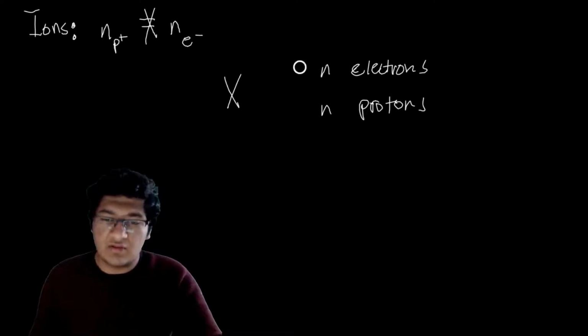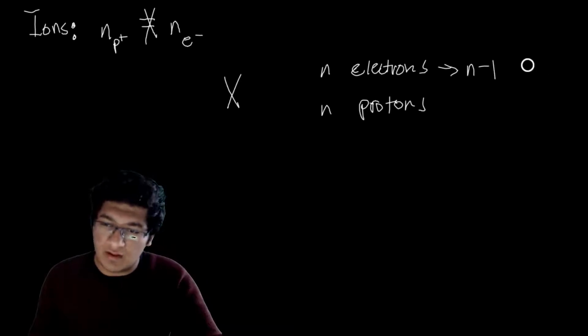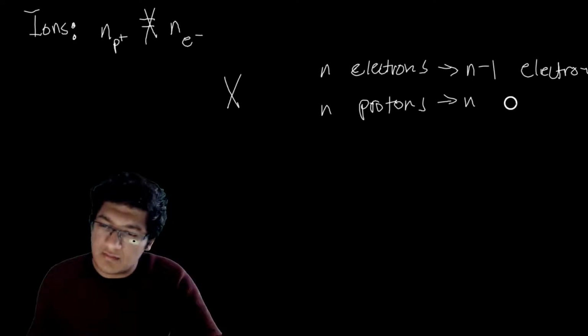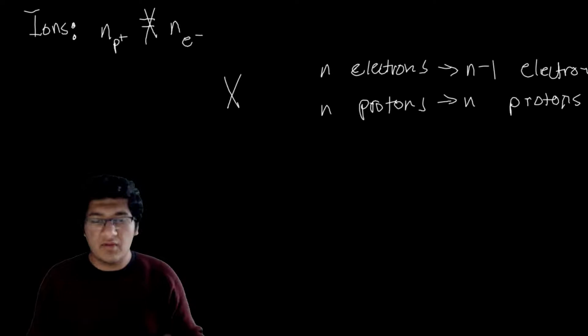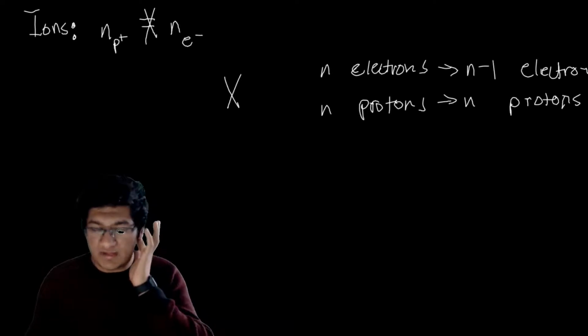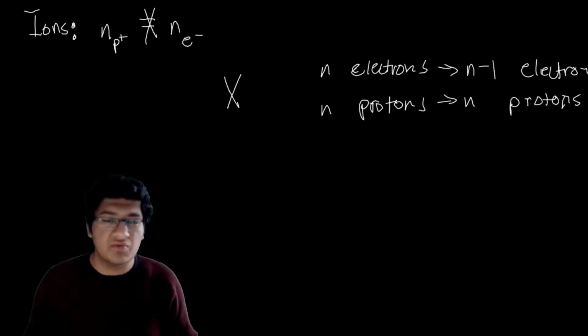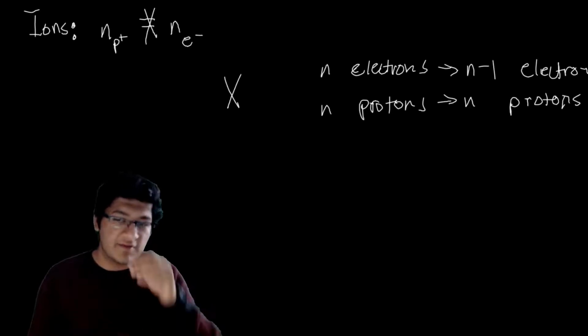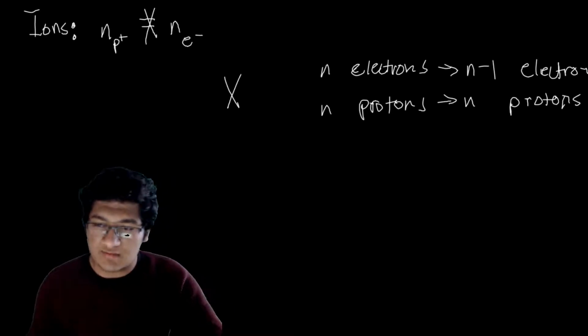But say we lose one electron, so now we have n minus 1 electrons. This might be a little harder to understand, but the only thing that is ever gained and lost in an atom is the electrons. Obviously isotopes have a different number of neutrons, but in the bonding sense, the only thing that will ever be lost is electrons.